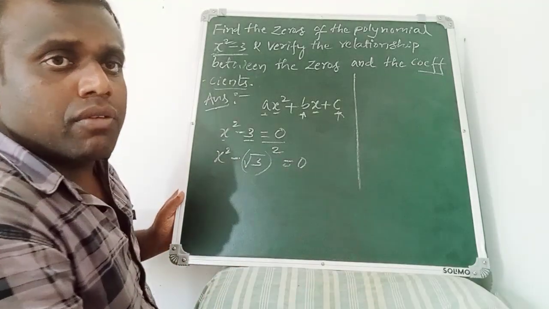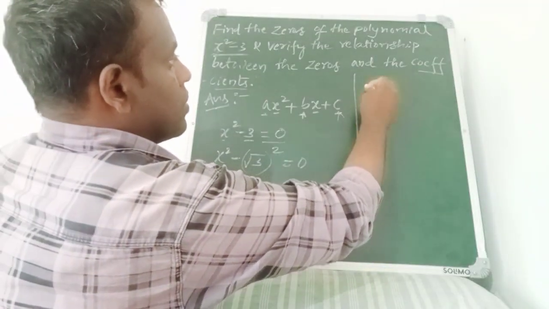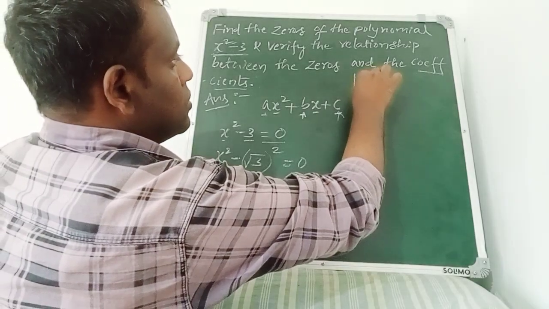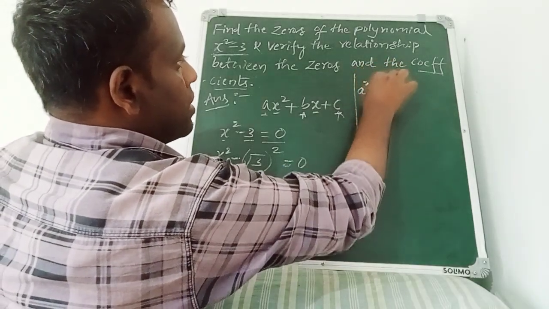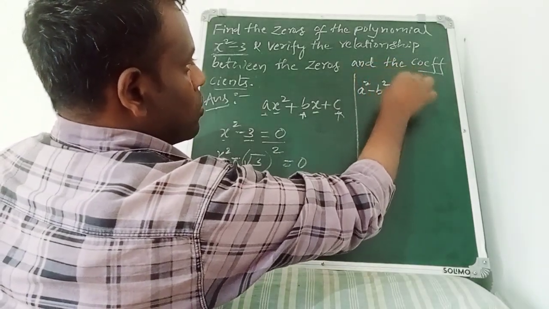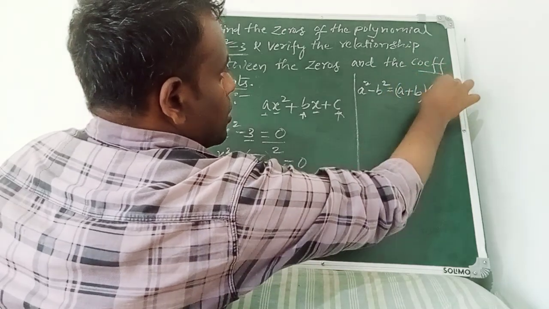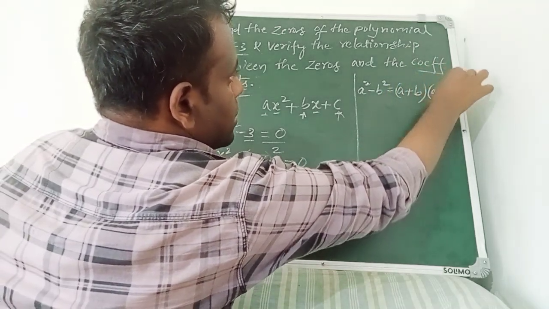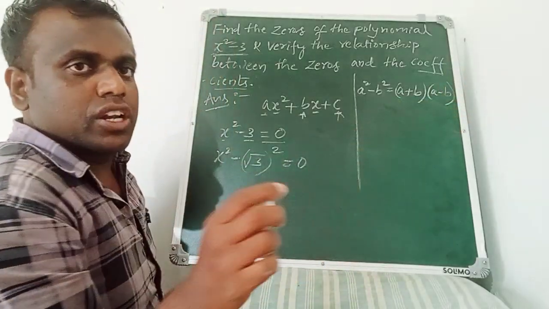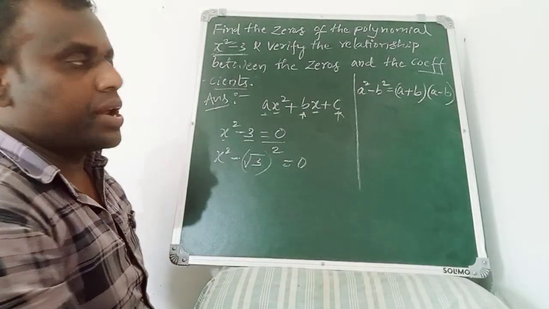See, we have an identity. What is that? a square minus b square is equal to a plus b into a minus b. This is the general formula or algebraic identity.